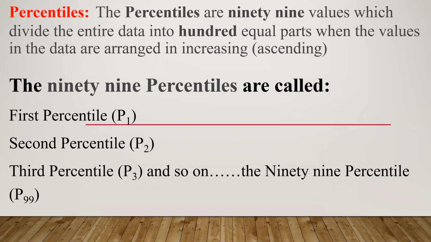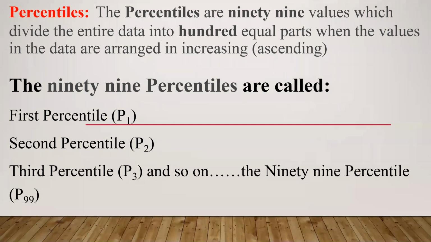See, if you want to divide the data into 2 parts, you need only 1 point, that is median. If you want to divide the data into 4 parts, you need 3 points, Q1, Q2, Q3. They are called quartiles. If you want to divide the data into 10 parts, you need 9 points, 9 values. They are called deciles. If you want to divide the data into 100 parts, you will need 99 points.